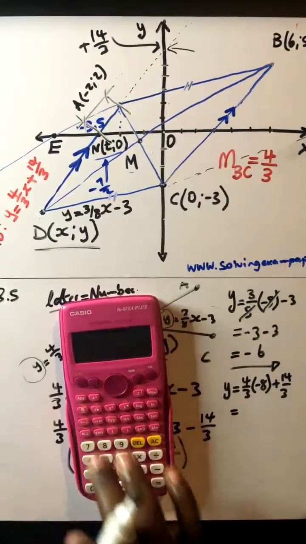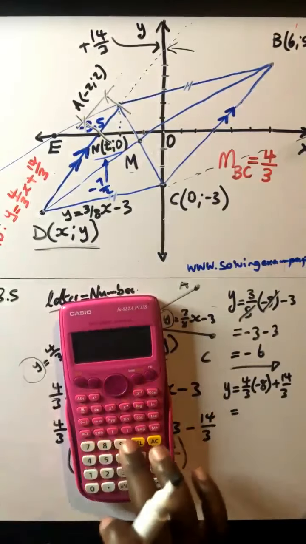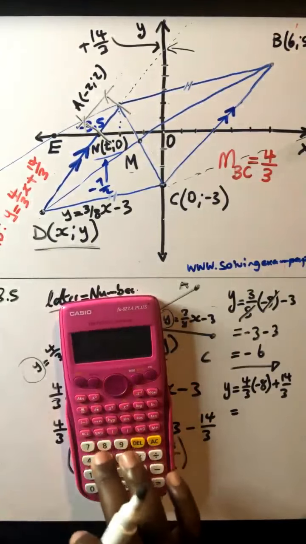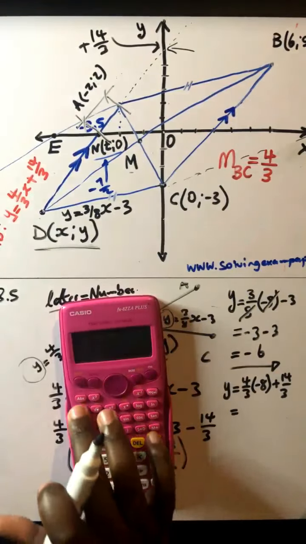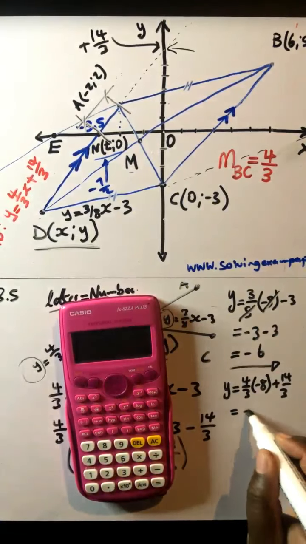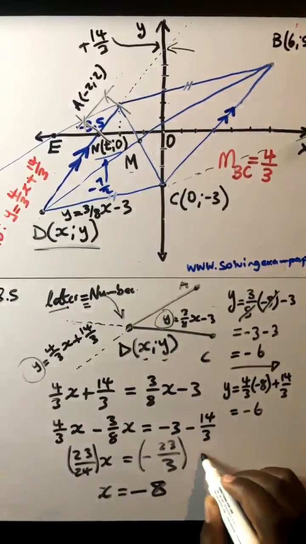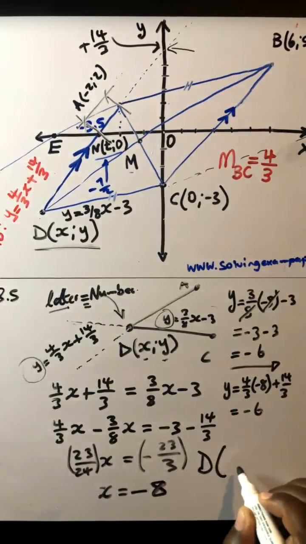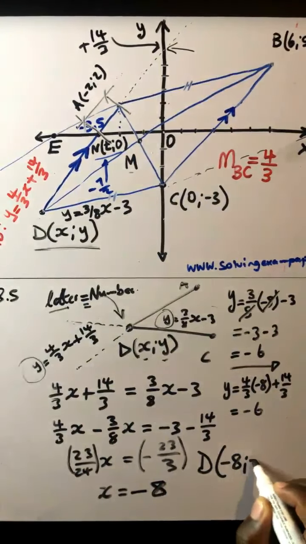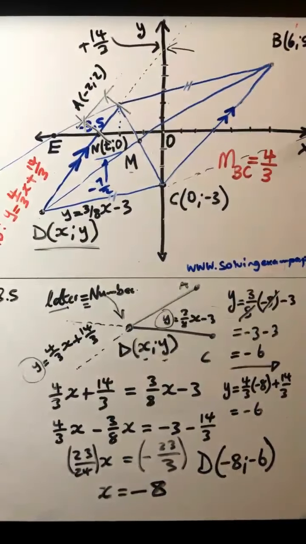On the calculator, 4 over 3 times negative 8, fraction button, plus 14 over 3. I'm still getting negative 6, which means the coordinates of D are: the x value is negative 8 and the y value is negative 6.